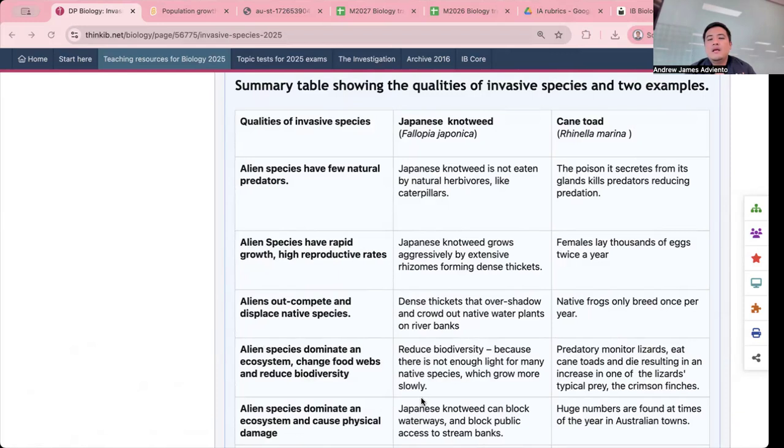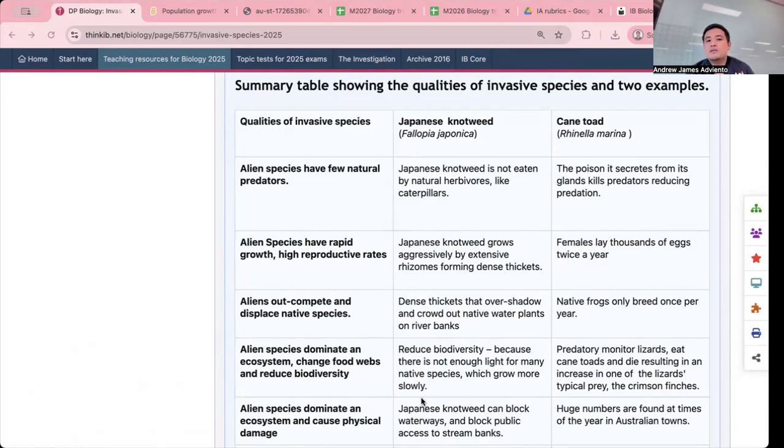So, why is it important to learn about invasive species in IB biology or ecology? Because invasive species are a major threat to biodiversity. Understanding them helps us grasp how human actions alter ecosystems. This also links to population and community ecology. Resource competition, predation, and interspecific interactions all come into play.